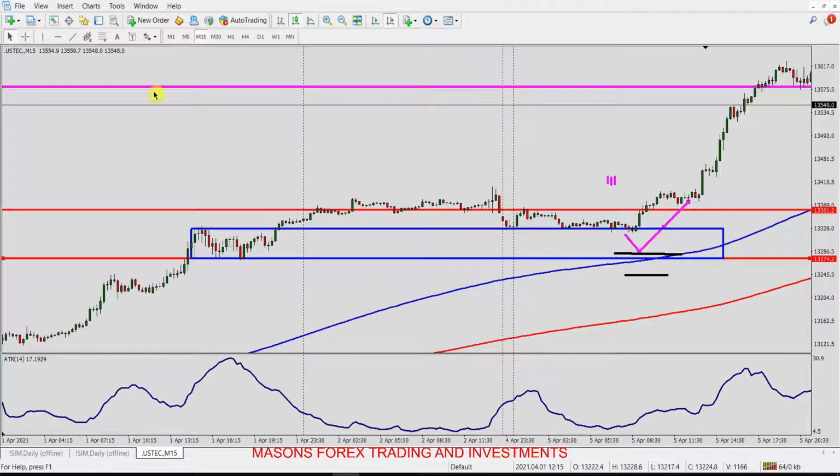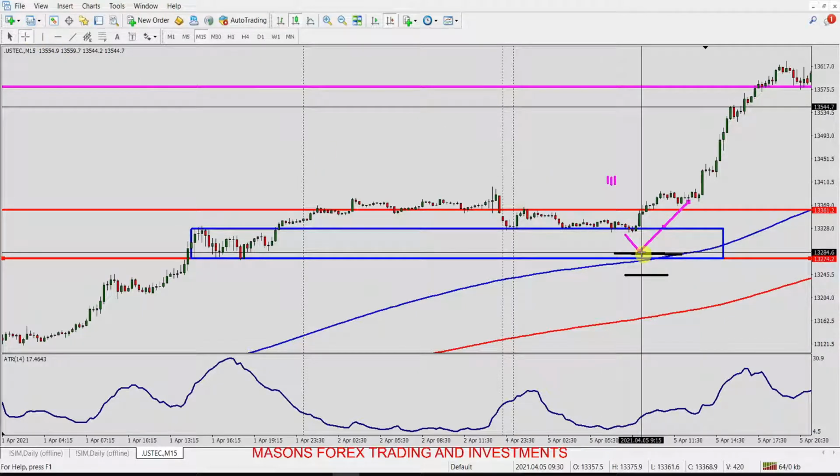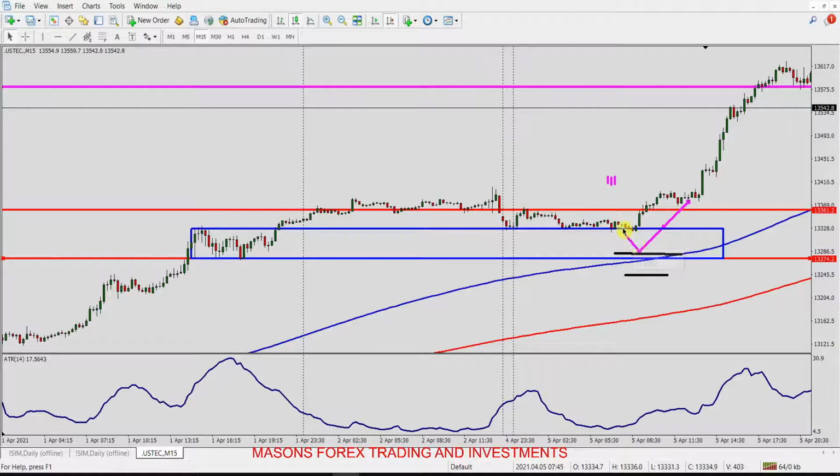Okay, so if you calculate, or rather if you use the graphs here, you'll see we are approximately 362 pips. So we could have had a 362 pip loss if we entered here at this specific point as initially intended.